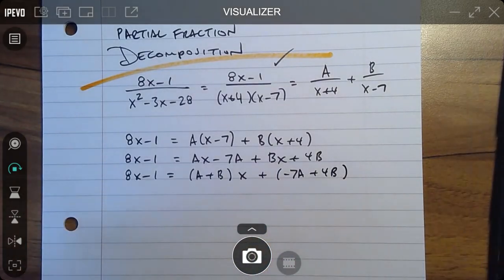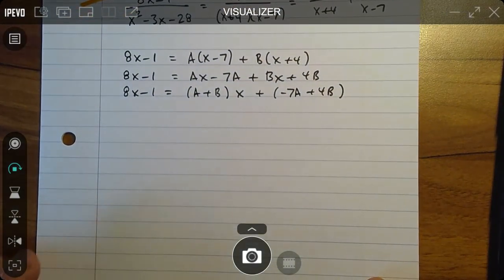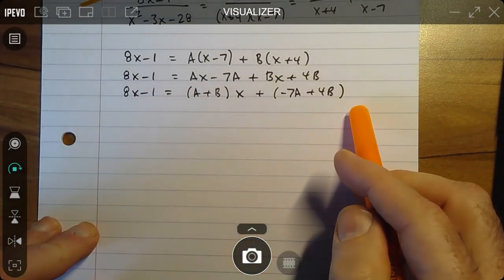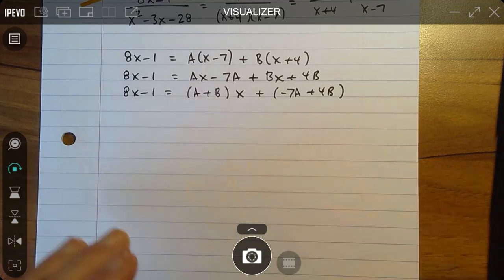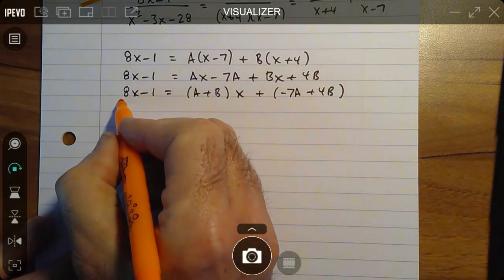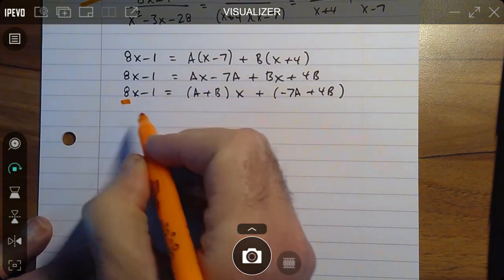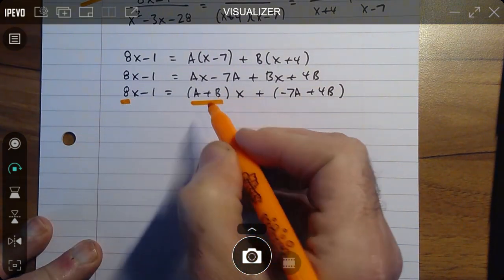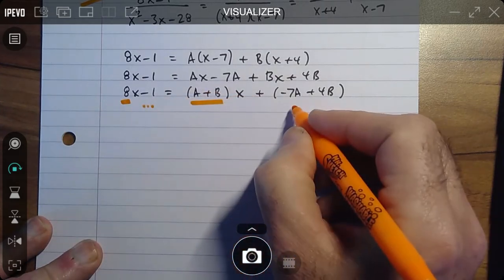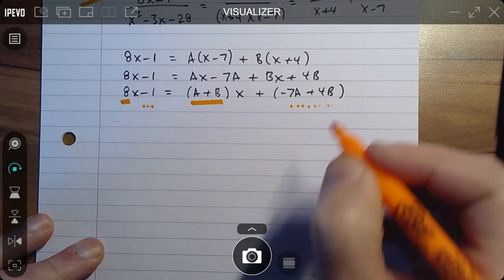And the idea here, and this is kind of an interesting little piece of algebra, is that I've just got this one statement, but I've got two actually nice pieces of information. I know that 8, the coefficient of x, is the same as a plus b, and I also know that negative 1 is the same as negative 7a plus 4b.